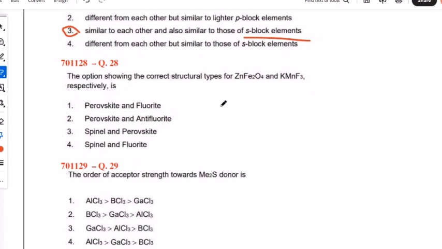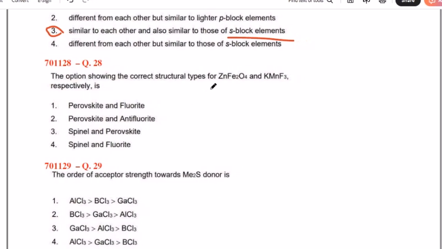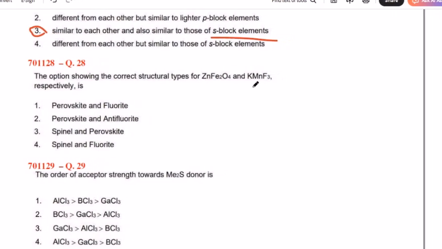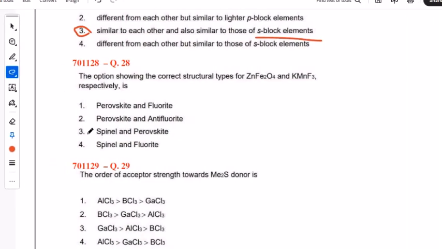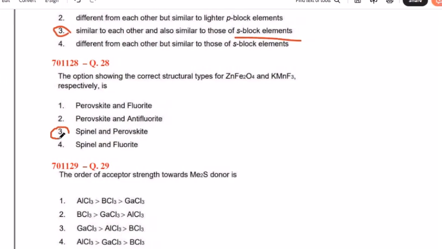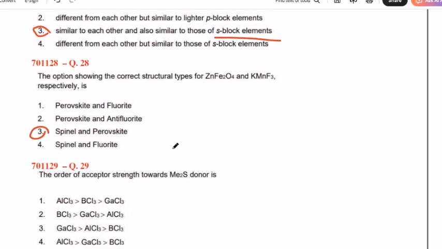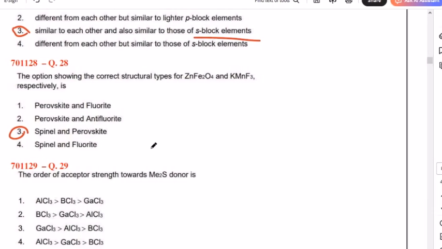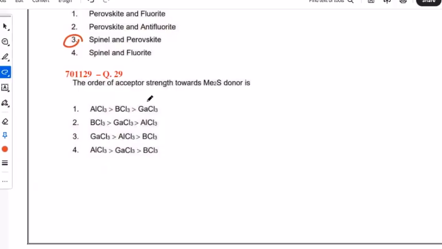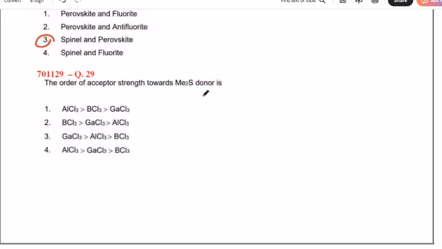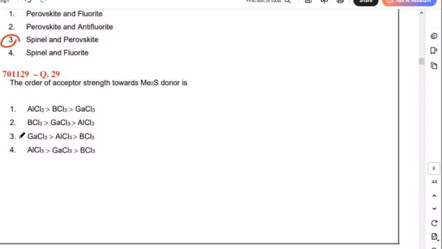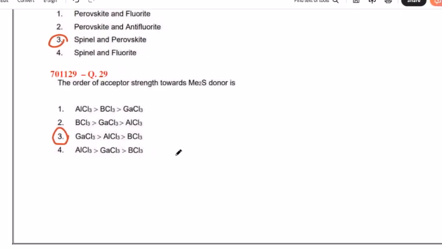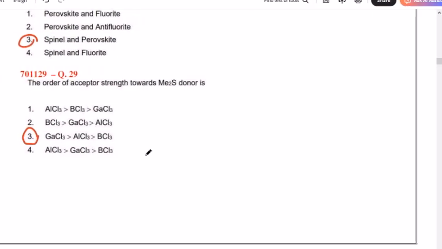The option showing the correct structural types of zinc and potassium respectively is option number 3, spinel and perovskite. Next, the order of acceptor strength towards dimethyl sulfide donor is option number 3, gallium, aluminium, boron trichlorides. This is the correct option, friends.